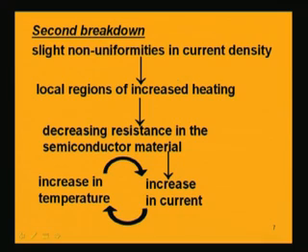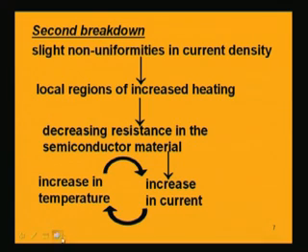The maximum voltage that it can be operated under is one given by the avalanche breakdown, that is the breakdown voltage, and also the second breakdown will be putting a limit on the power transistor.